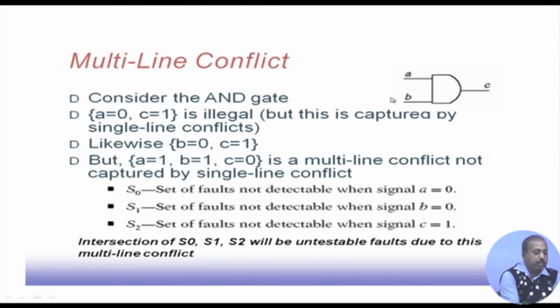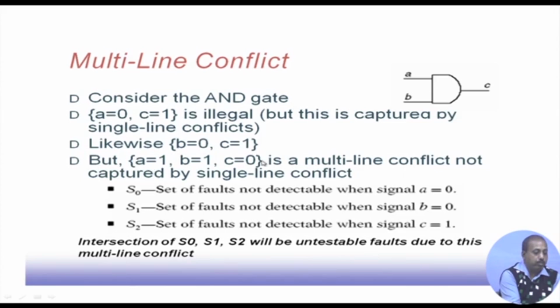This cannot be found by a single line conflict, because S0 is the set of faults not detectable with signal A equal to 0. Similarly, S1 is the set of faults not detectable with B equal to 0. Now, S2 is the set of faults not detectable when signal C equal to 1. If we take the intersection of these 3 sets, that will give us the untestable faults due to this multi-line conflict.